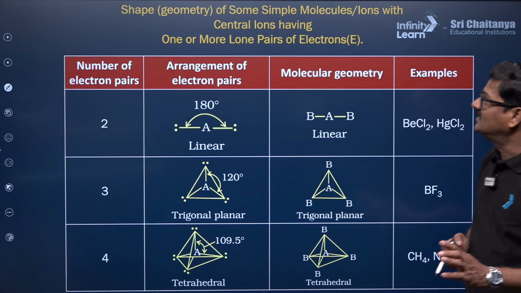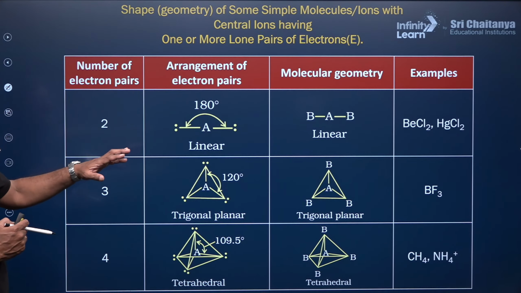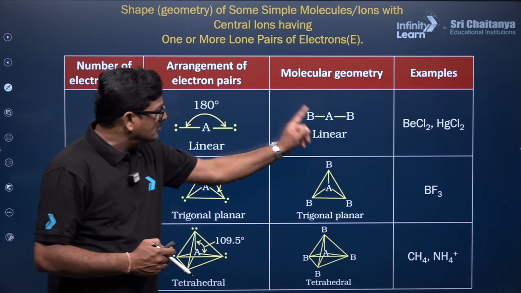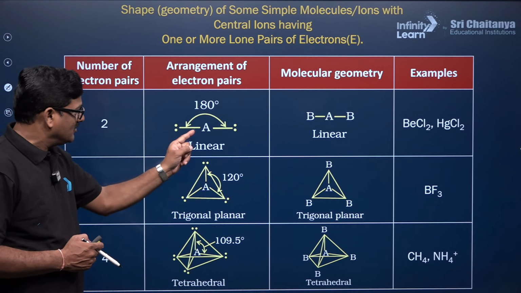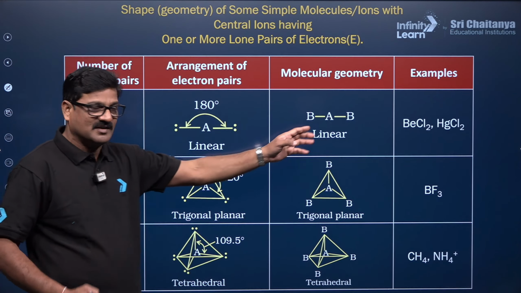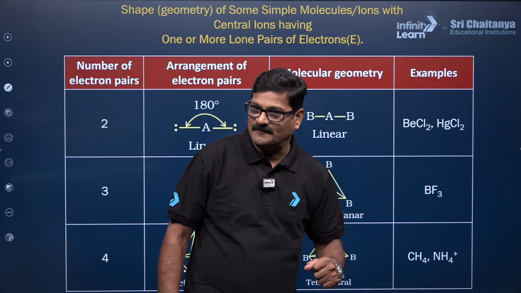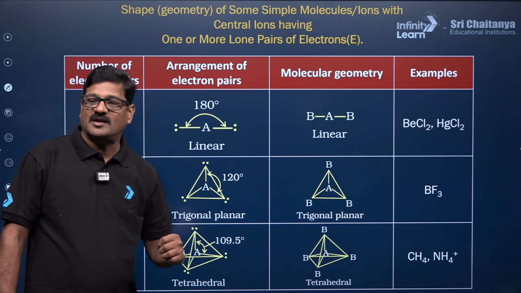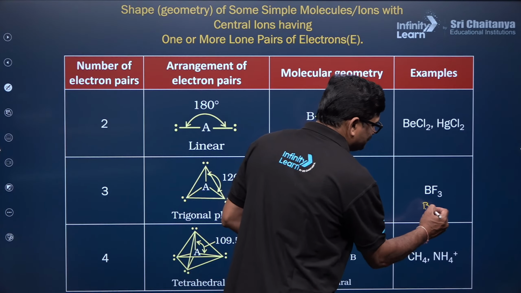Now let us see the shape and geometry of some simple molecules and ions with the central atom having one or more lone pairs of electrons. If it is AB2 type, it is going to be A, B and B, linear. Example: beryllium chloride, mercury chloride. AB3 is trigonal planar, BCl3 and BF3.